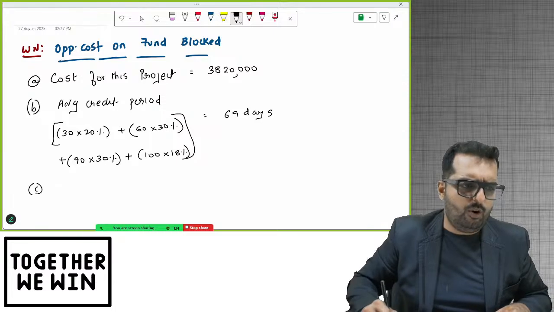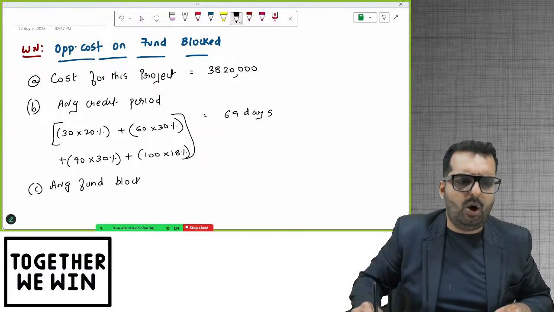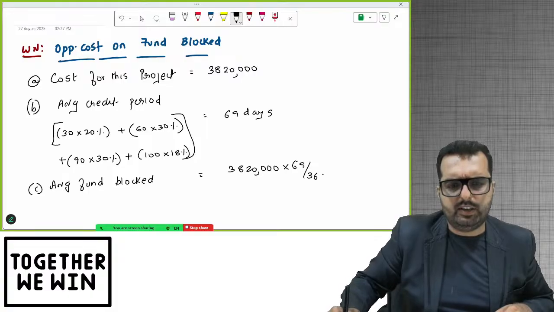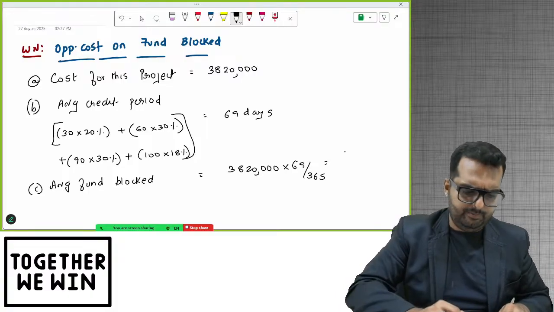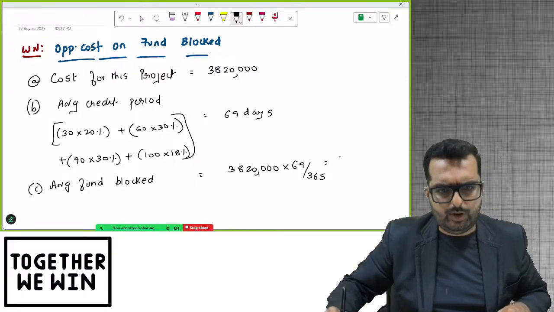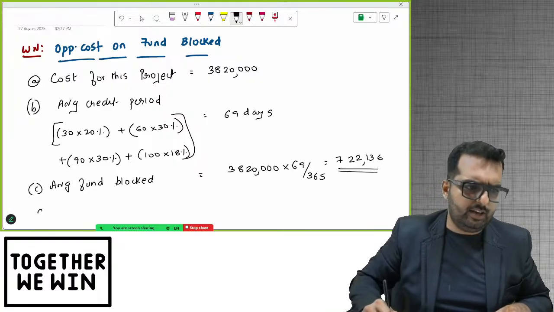Correct. Therefore, my average fund blocked due to this will be 38,20,000 into 69 divided by 365. Do I get the number as 7 lakh 22,136? Correct.